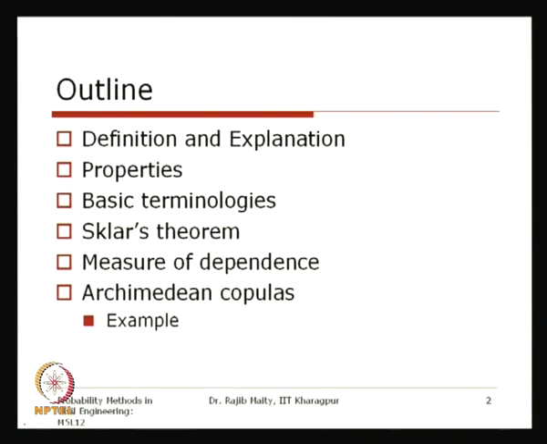And after getting that sample dependence, we will see how those parameters can be used to obtain the parameter for the copula function. After that we will see examples on these copulas.